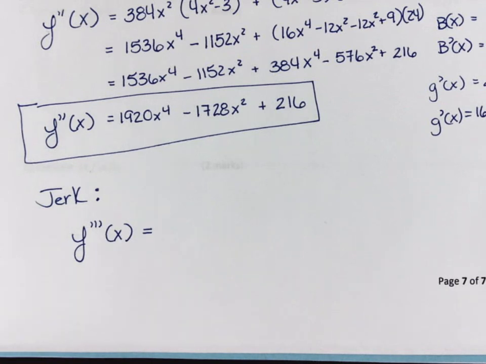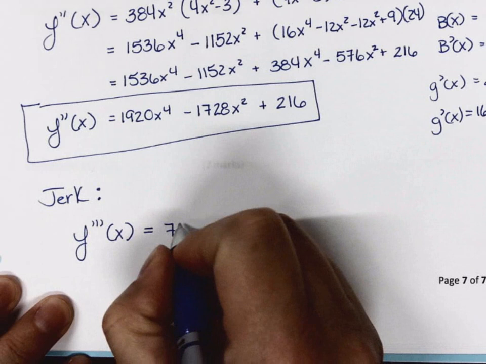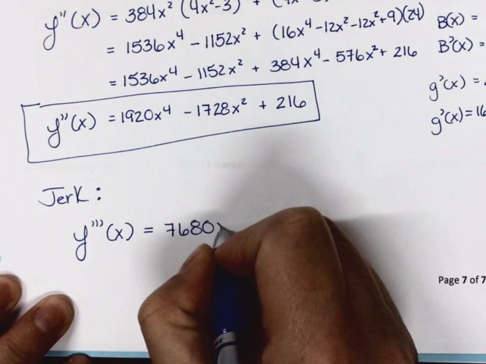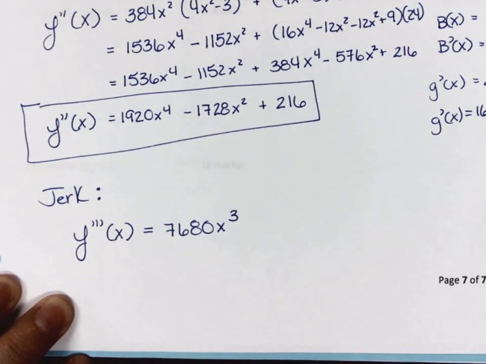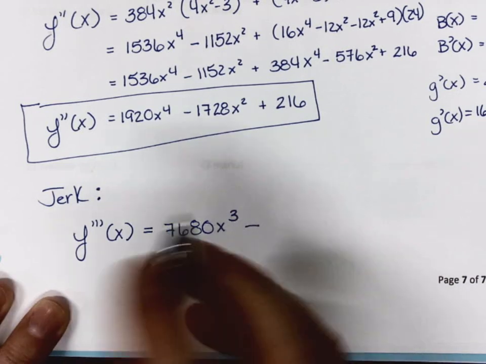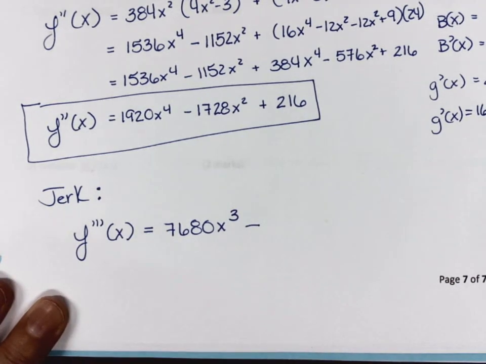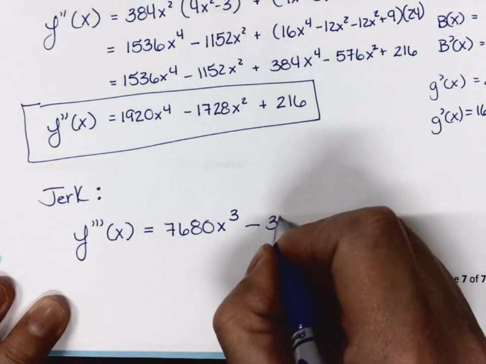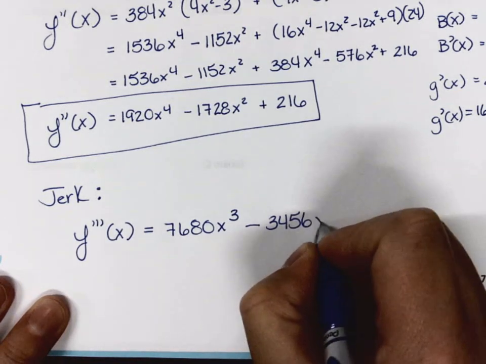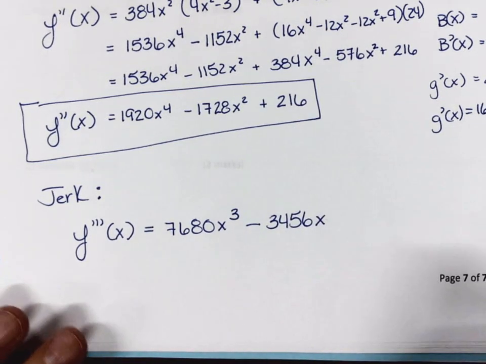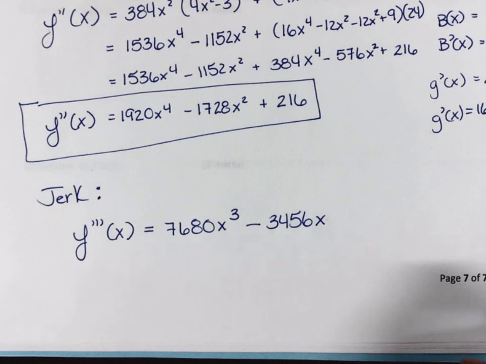So it's gonna be 4 times 1920 gives me 7,680 x cubed minus 1728 times 2, minus 3,456 x. And then the 26,216 just goes away. It doesn't go dead, it just goes away because the derivative of it is 0. So we're just not gonna write 0.